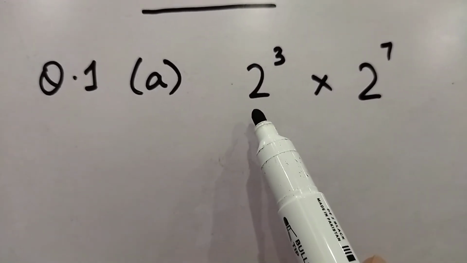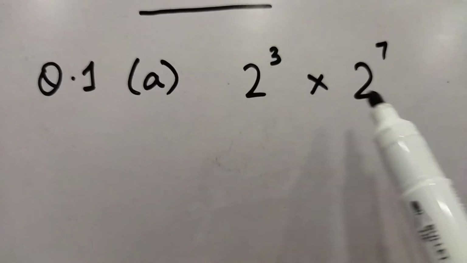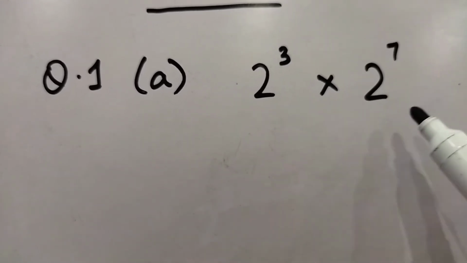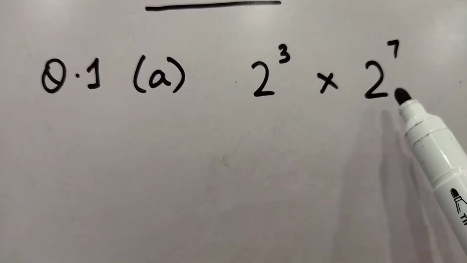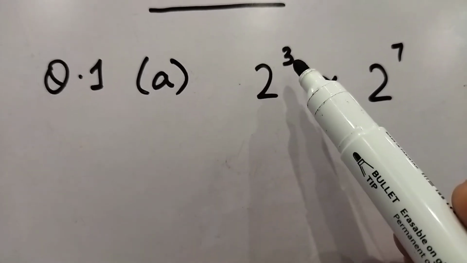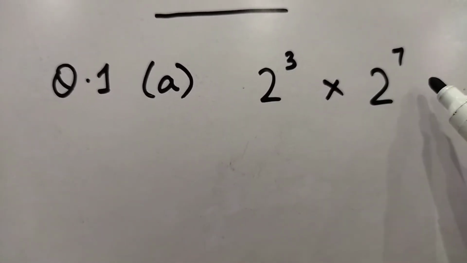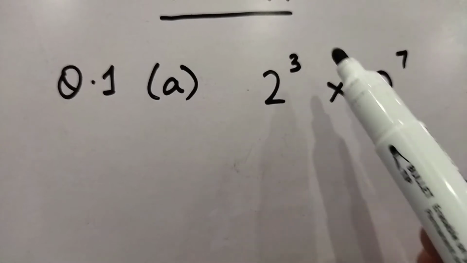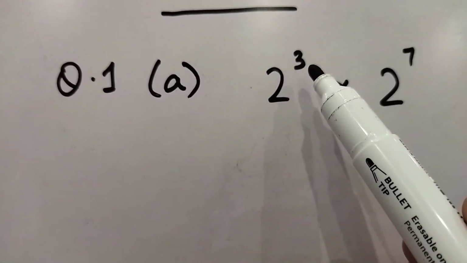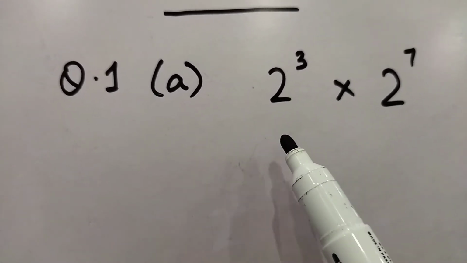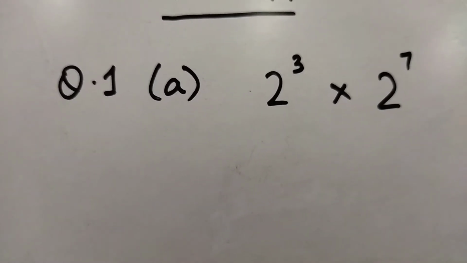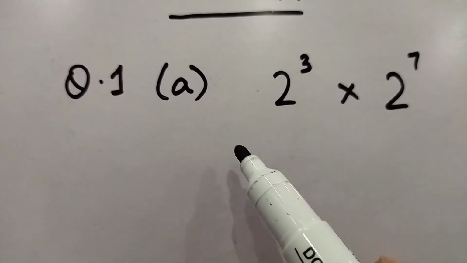As you can see over here, we have 2 numbers, that is 2 here and again 2 here. These 2 are similar and they have powers as 3 and 7 respectively. So all we need to do is add up their powers and not their bases, right?